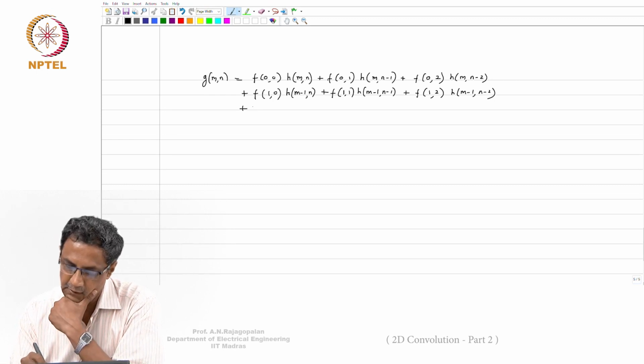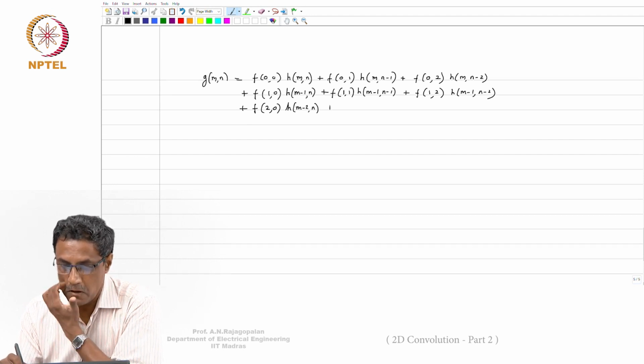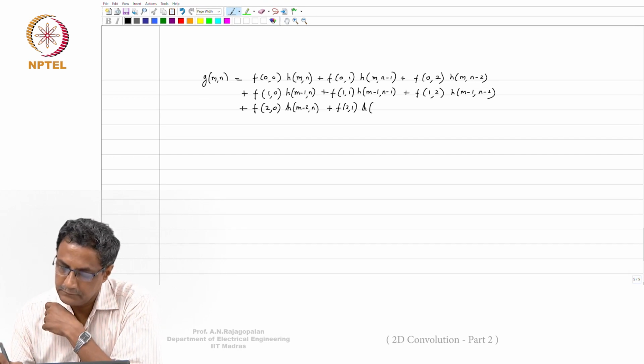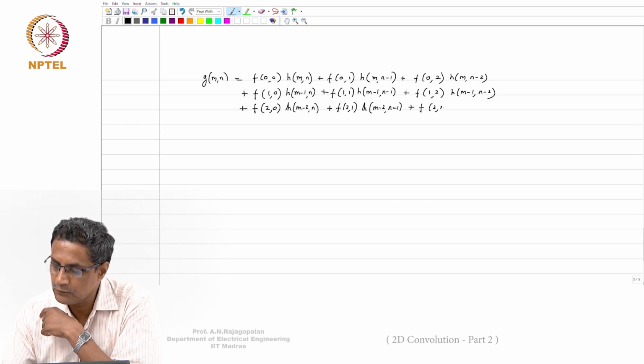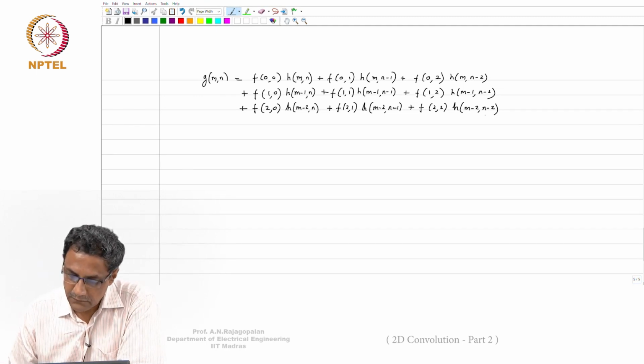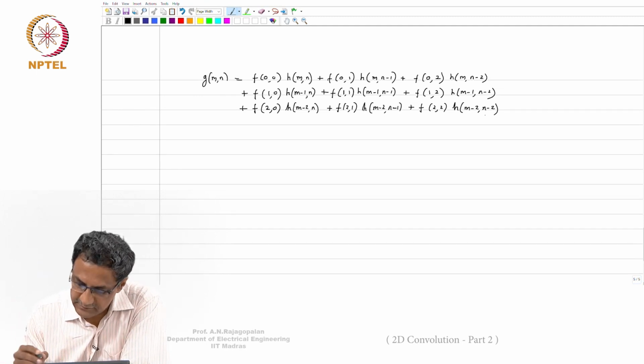Then lastly, f of 2 comma 0, h of m minus 2 comma n, plus f of 2 comma 1, h of m minus 2 comma n minus 1, plus f of 2 comma 2, h of m minus 2 comma n minus 2, right. Now the idea is to be able to write this in matrix form.